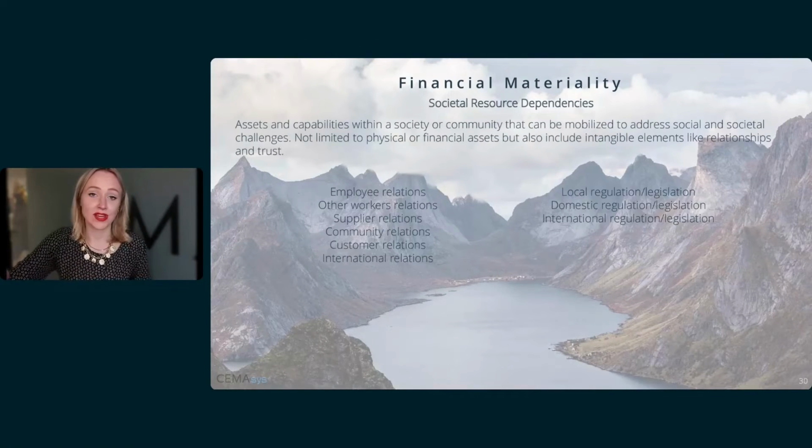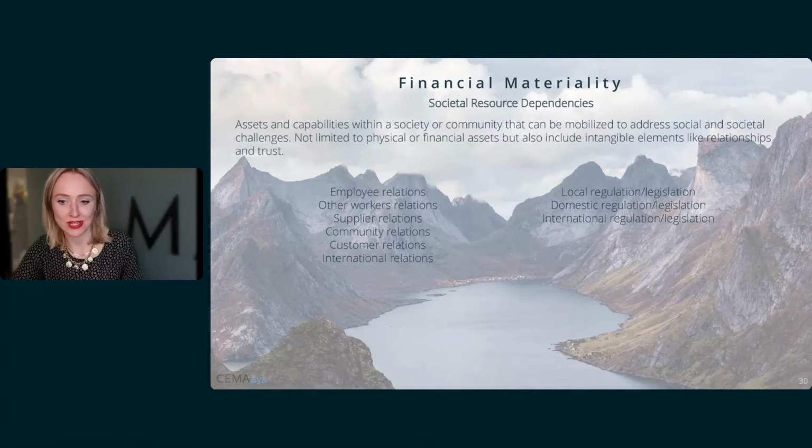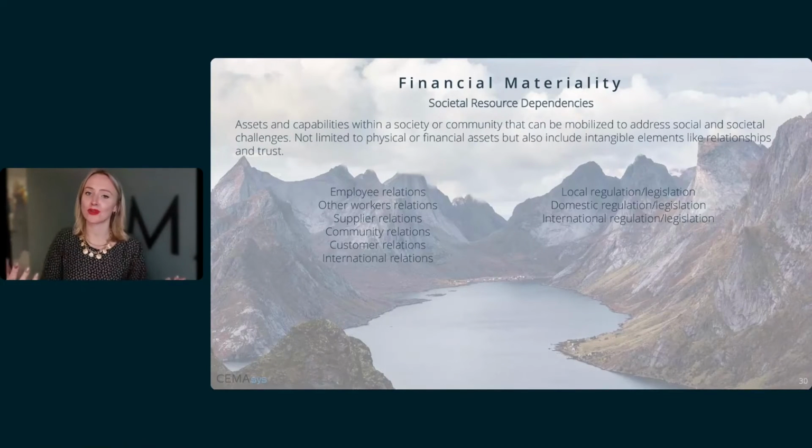Last but not least, we've got the most confusing one, which is social resources, which can be interpreted to mean most other things that you could be dependent on, and mainly in terms of relations and regulations and legislation. So I've added some examples here, all the way from employee relationships, all the way down to international relations, things that you are dependent on from a social resource perspective.